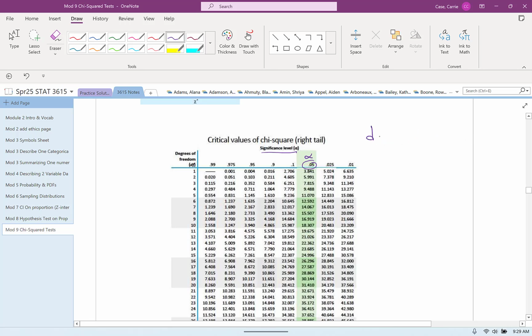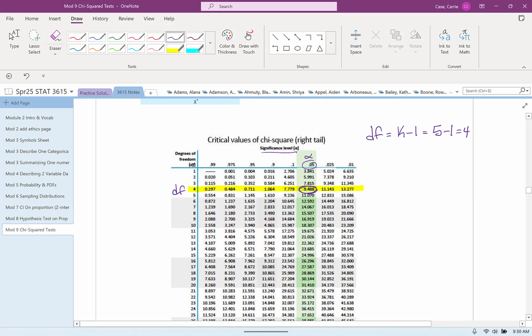Let me start over. Our degrees of freedom is the number of categories k minus 1. So 5 minus 1 is 4 for us. So our test statistic falls on the line where degrees of freedom is 4 and where it crosses at alpha of 0.05. So any test statistic bigger than 9.488 gives a small p-value and you reject Ho.